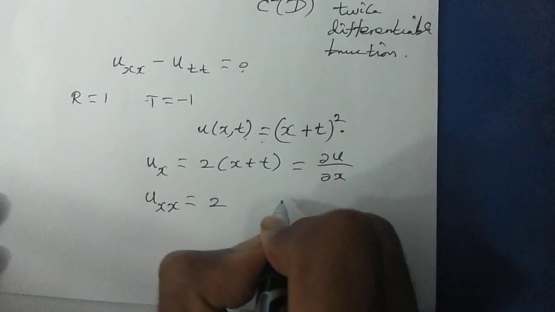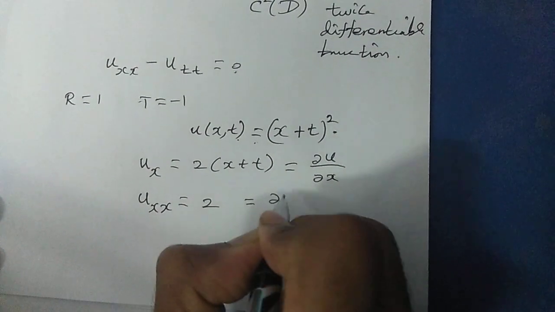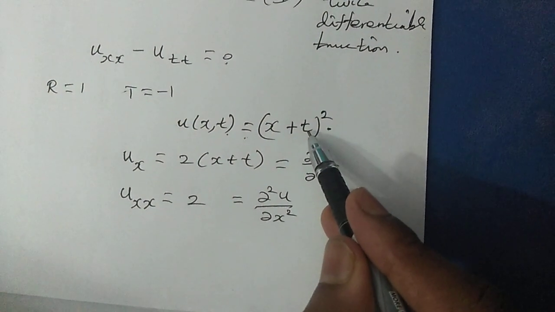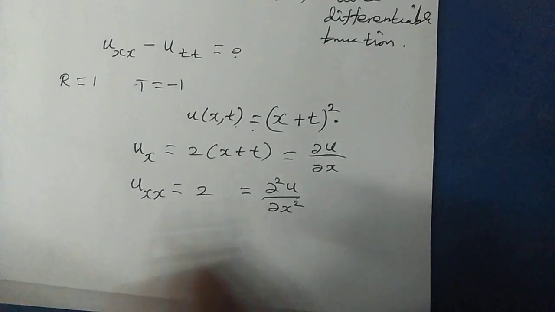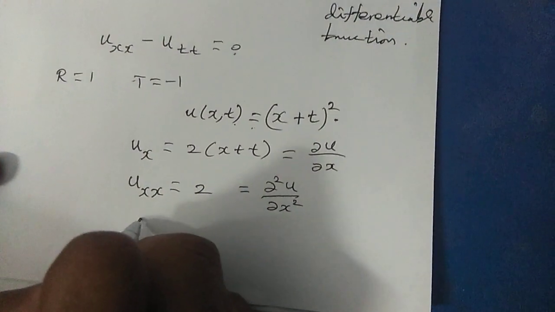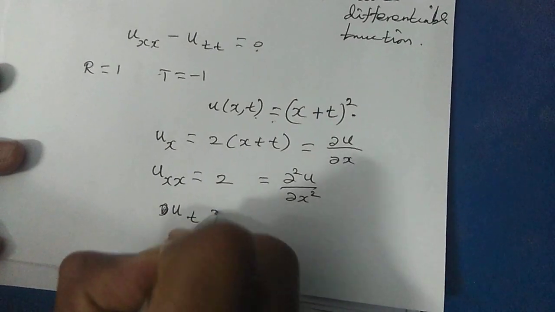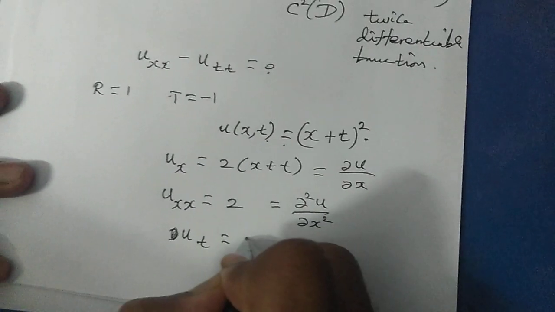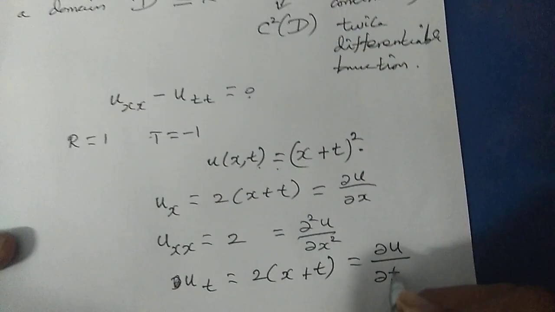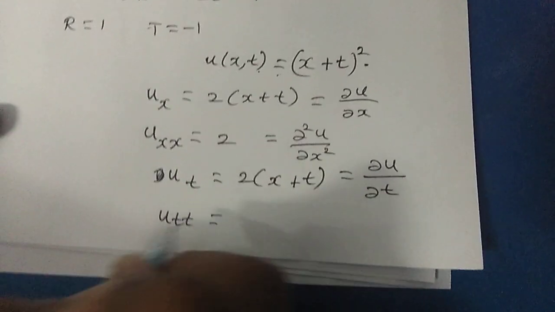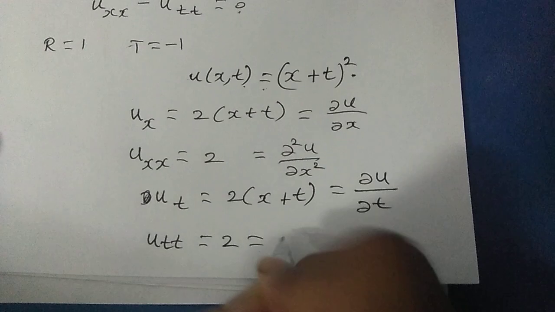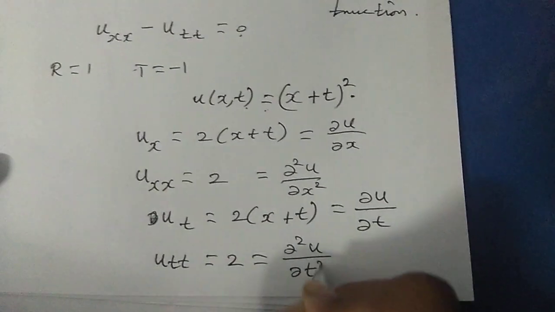This is nothing but dou square u by dou x square, differentiating the function u with respect to x twice. Next, ut is 2 into x plus t, which is dou u by dou t, and utt is again 2, which is dou square u by dou t square.